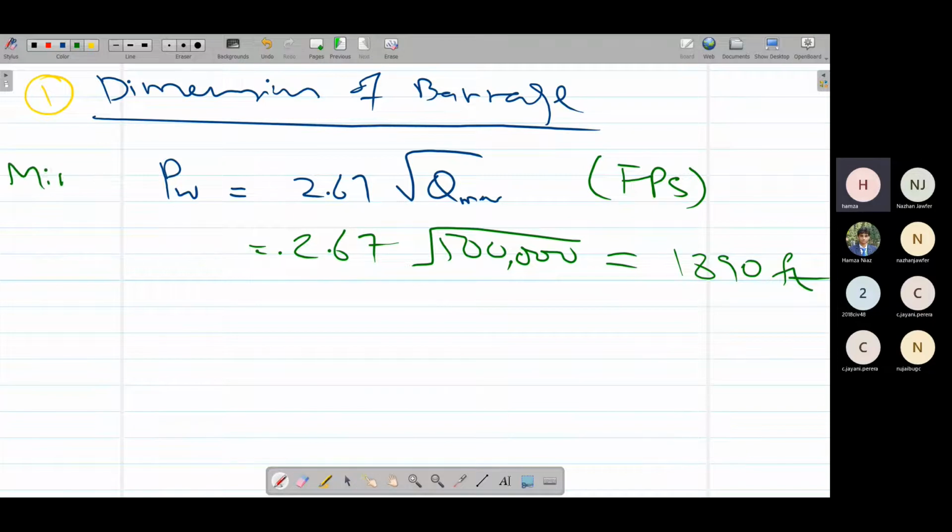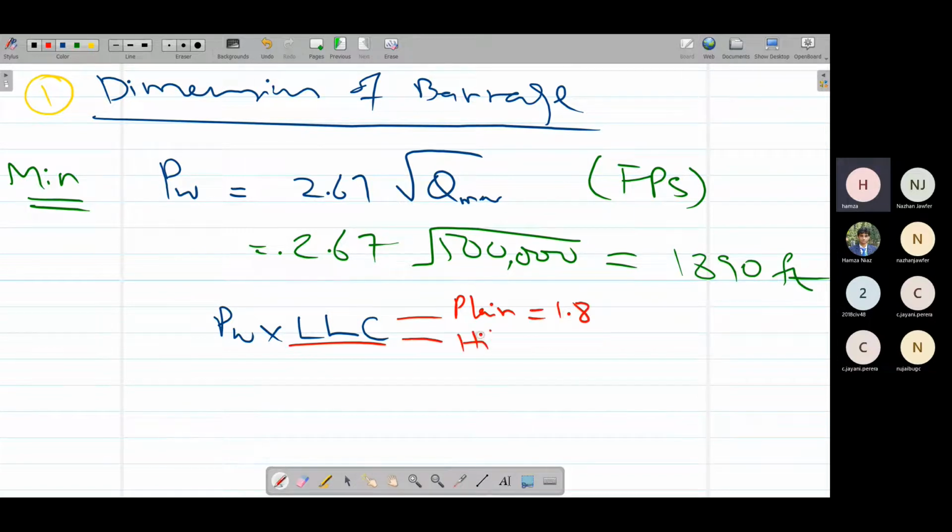This is the minimum perimeter. So what we have to do is multiply it by a coefficient called Lacey's loss coefficient. This coefficient depends on the type of the plain or the topography of where the barrage is constructed. So if we have a plain area, it would be around 1.8. If we have a hilly area, we will use it as 1.1.